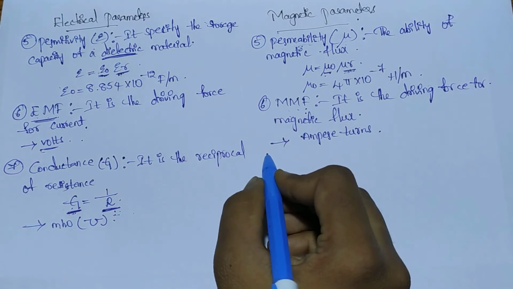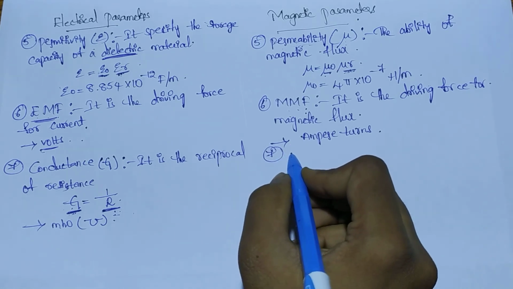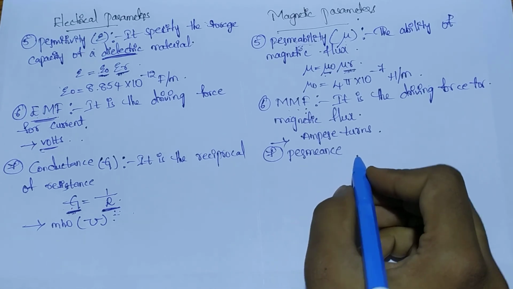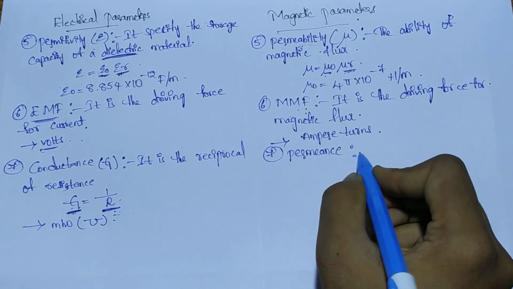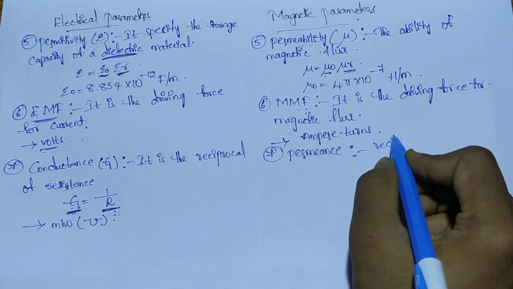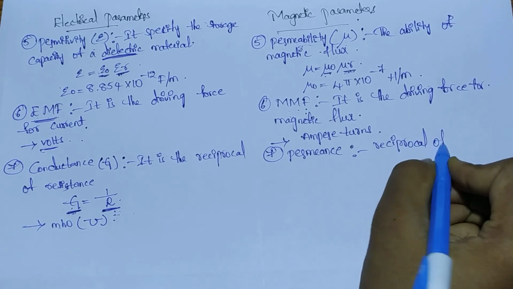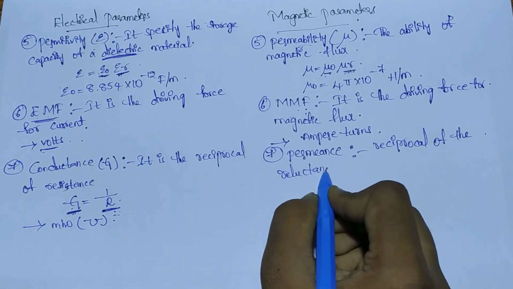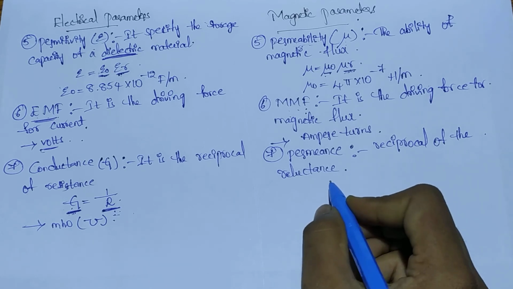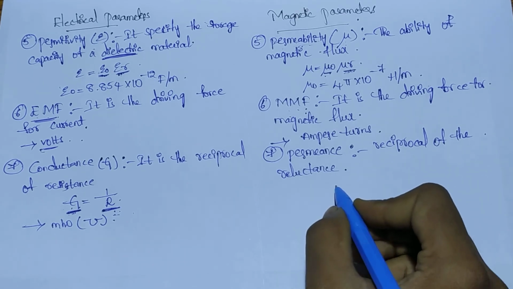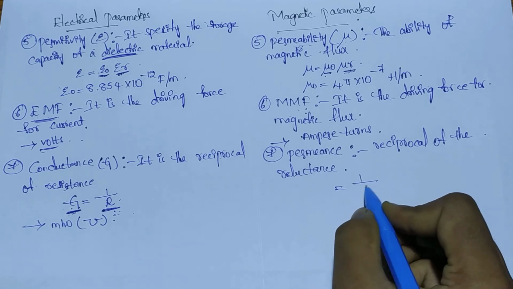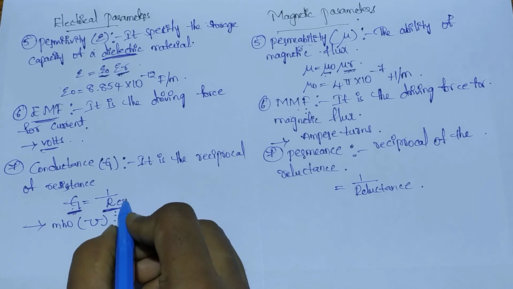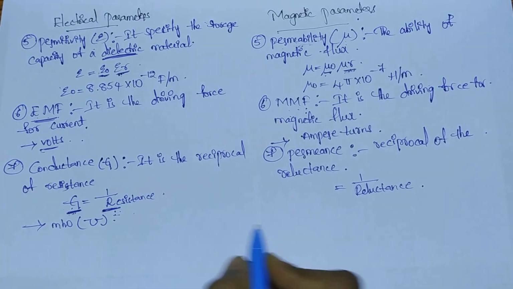Coming to the magnetic parameters, we have permeance, which is the reciprocal of reluctance, equal to 1 by reluctance.